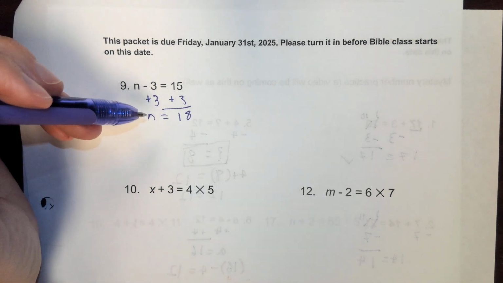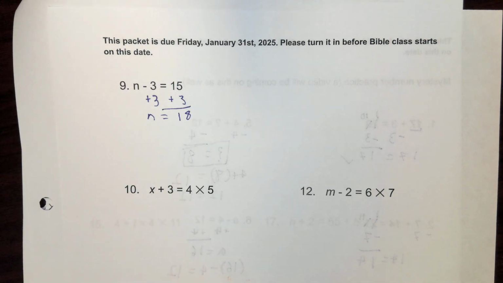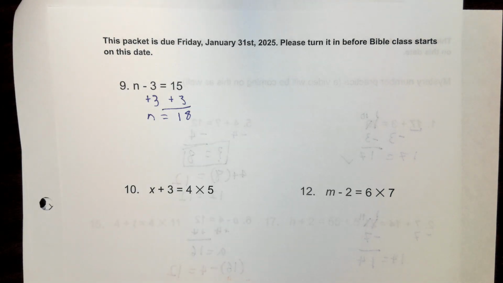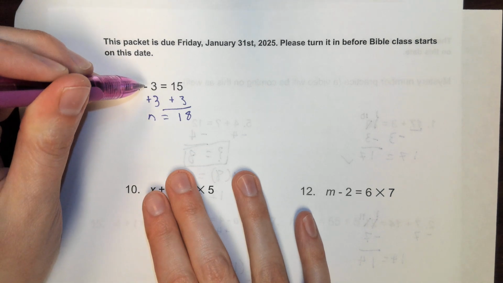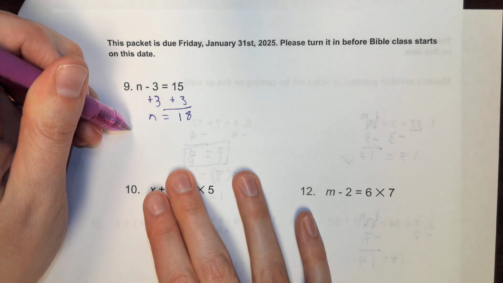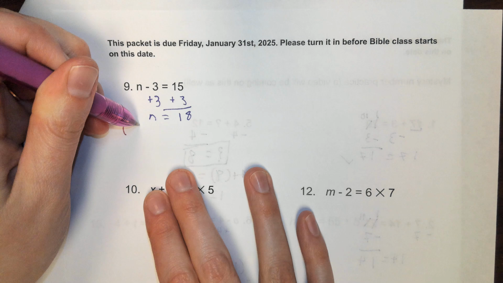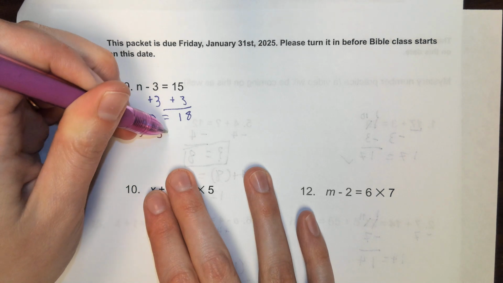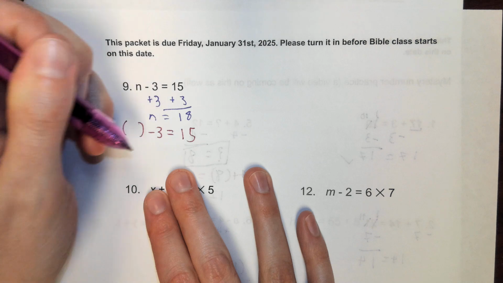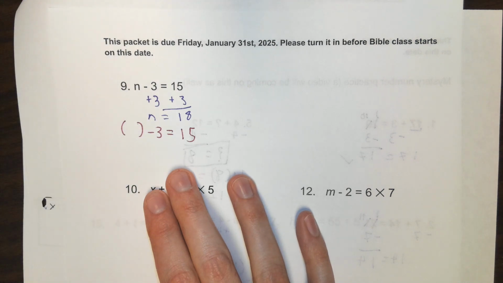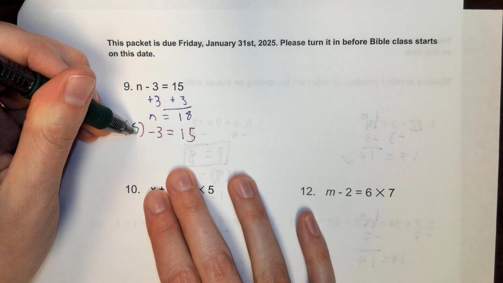Now, let's go ahead and check this, and then what I would like to do, third grade, is do something wrong. I want to show you why it is that we have to do the opposite. So let's check this first to make sure that we're right, and then we are going to try the opposite. Some number minus 3 must equal 15, and the number we think it is is 18.